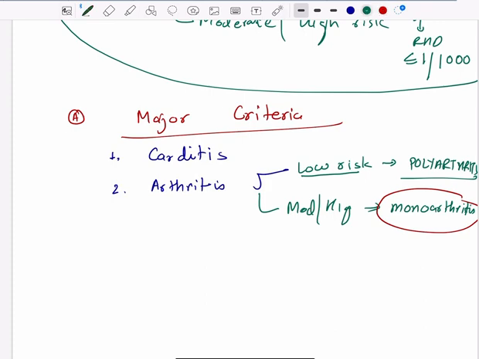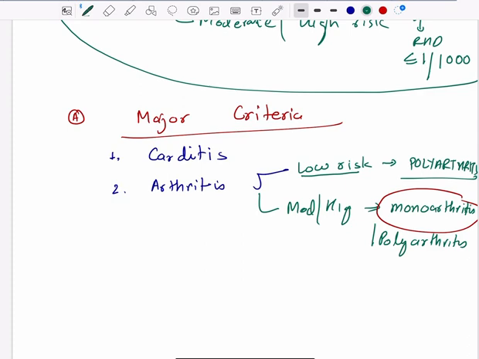In a low risk population, it is polyarthritis only. You can't consider monoarthritis as a major criterion in a low risk population. But if the population is moderate or high risk, you can consider monoarthritis as a major criterion. Polyarthritis will remain a criterion, there is no doubt about it.